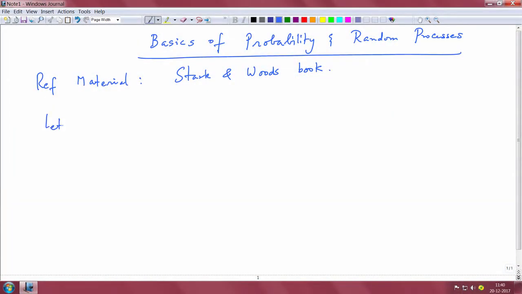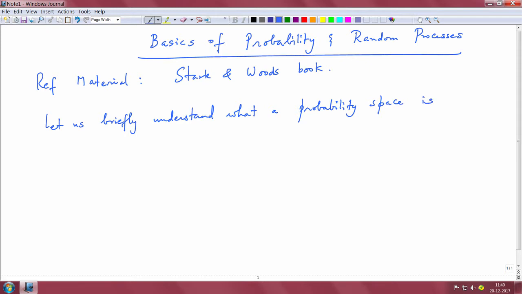Okay. So, let us first understand what a probability space is, and for which we have to formally get into the details. So, let us briefly understand what a probability space is.